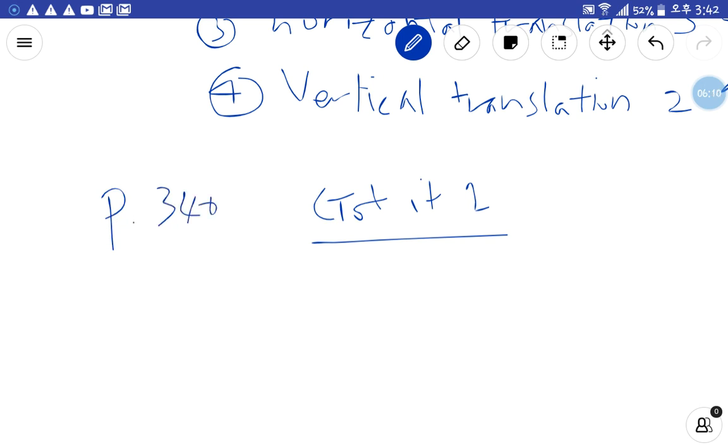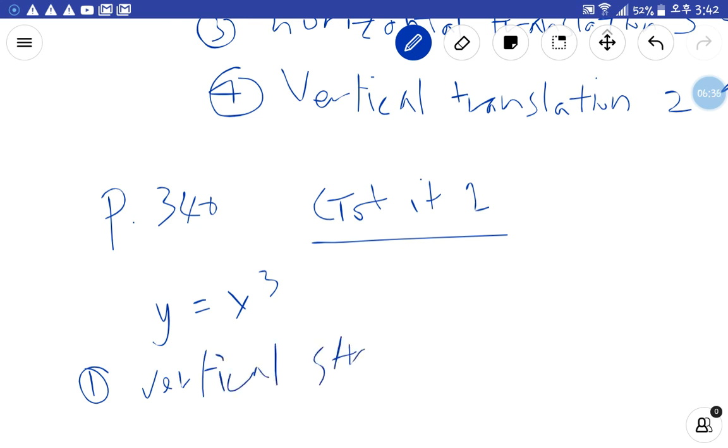So what is the equation of the graph of y equals x cubed, first, under a vertical stretch by a factor of 2? As I mentioned, if you have a number bigger than 1, you are going to stretch this graph. So according to my first, which is a vertical stretch by a factor of 2.